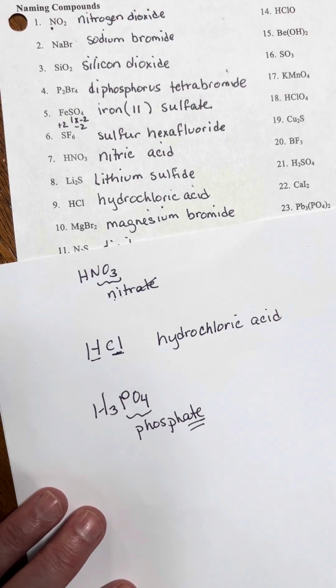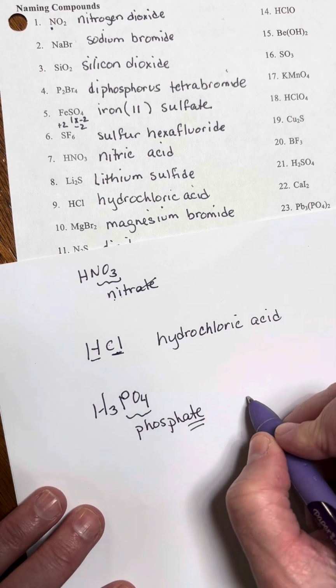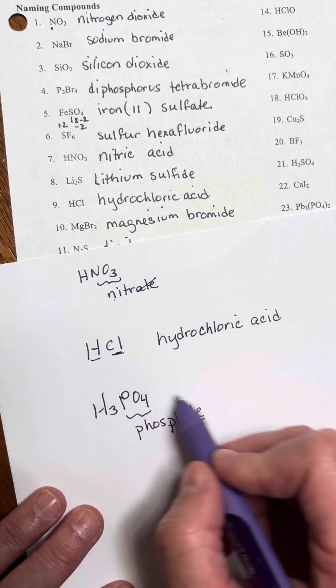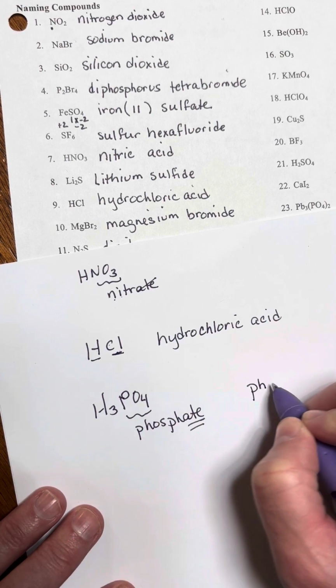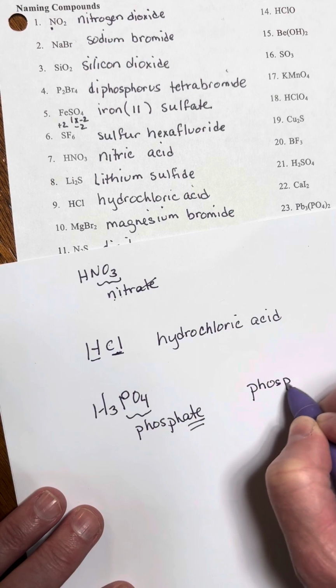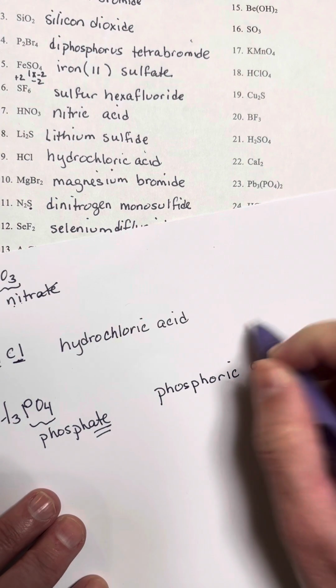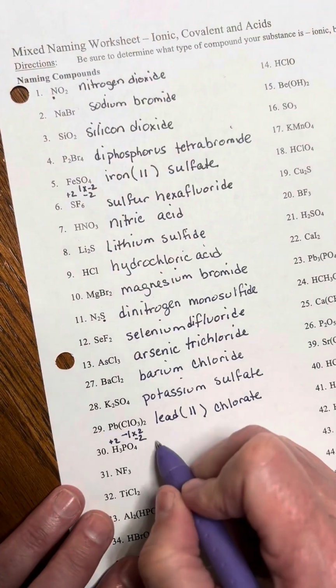And because it is a polyatomic ion that follows the hydrogen, we do not use the prefix hydro. So we simply take the stem of our phosphate ion, which remember for phosphate or phosphorus, the stem is going to be phosphor. So we're going to say phosphoric acid. So this is phosphoric acid.